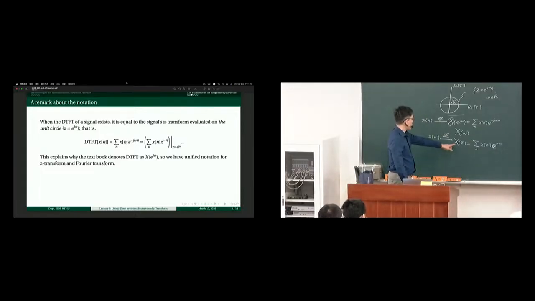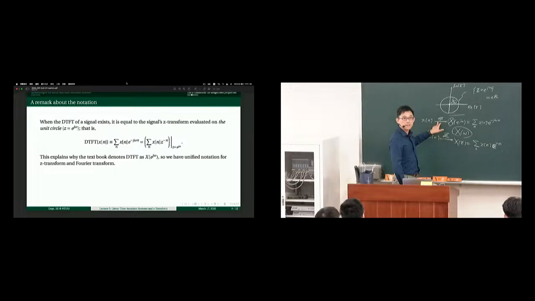But very soon you realize that this notation and that notation are unified. It's not tricky, okay? So it's a choice. That's why the textbook chooses this kind of notation for the DTFT instead of that. Not saying that this is wrong. This is all right. But in the textbook, let's follow the recommendation that we'll put this as our notation for the DTFT.